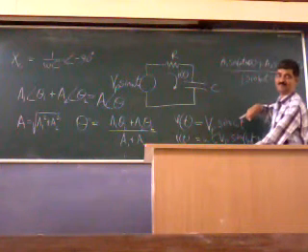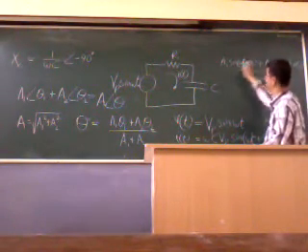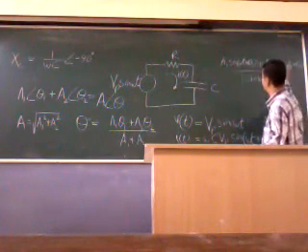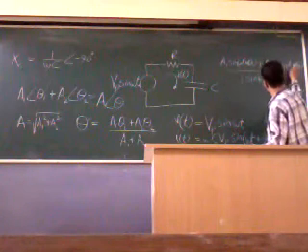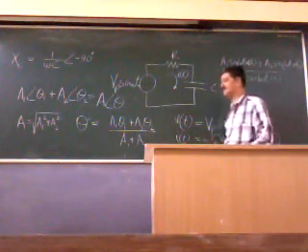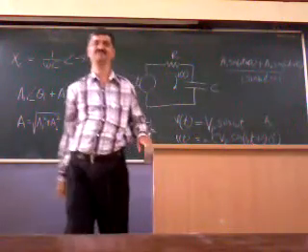If I add them, what should I get? This you can rewrite as A1 sin omega t plus theta 1 plus A2 sin omega t plus theta 2, which can be written as A sin omega t plus theta.